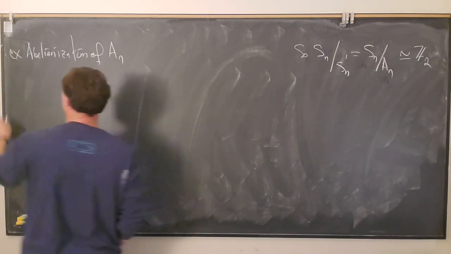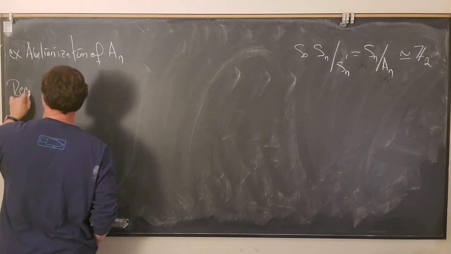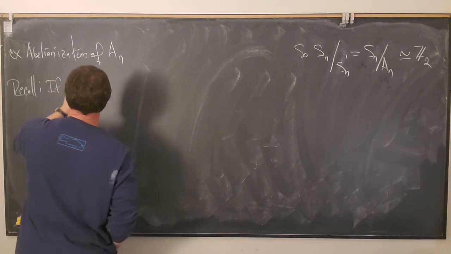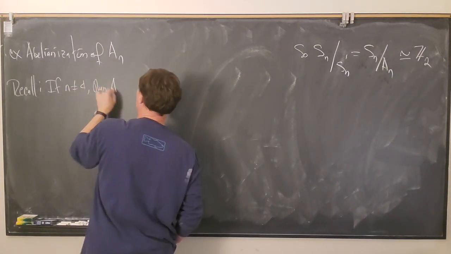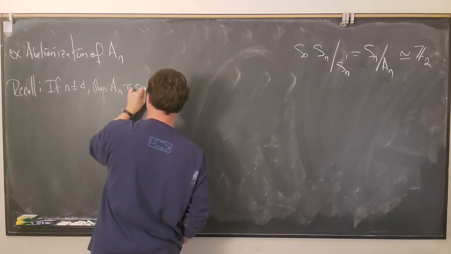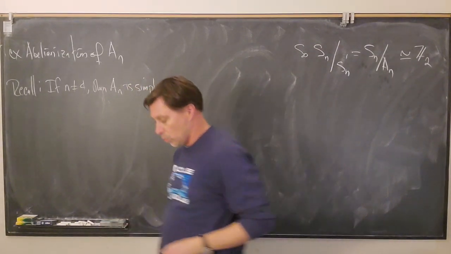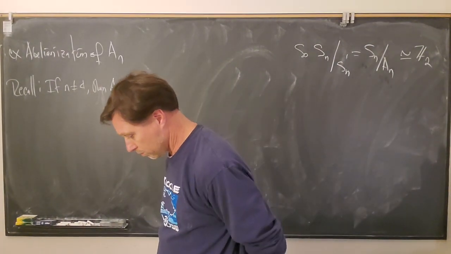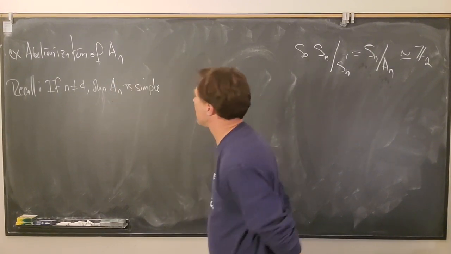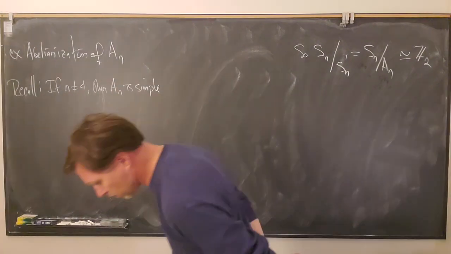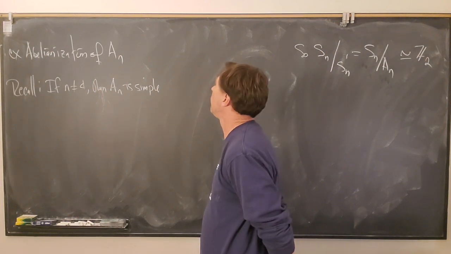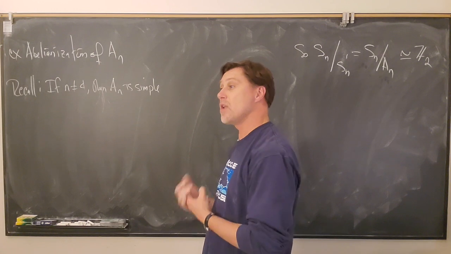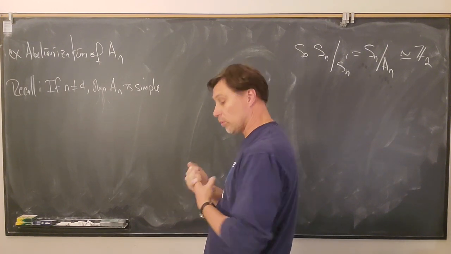So first recall, if n is not equal to 4, then An is simple, which means it has no non-trivial proper normal subgroups.